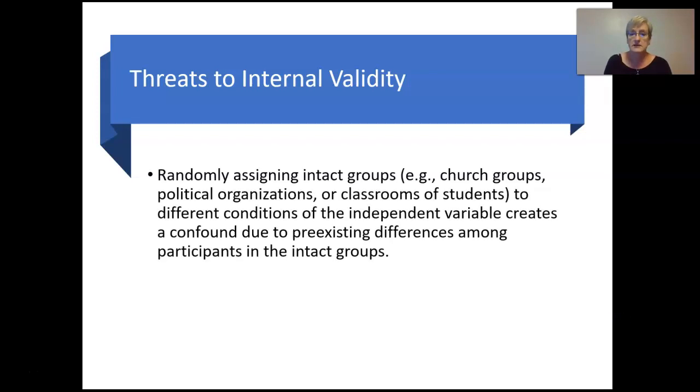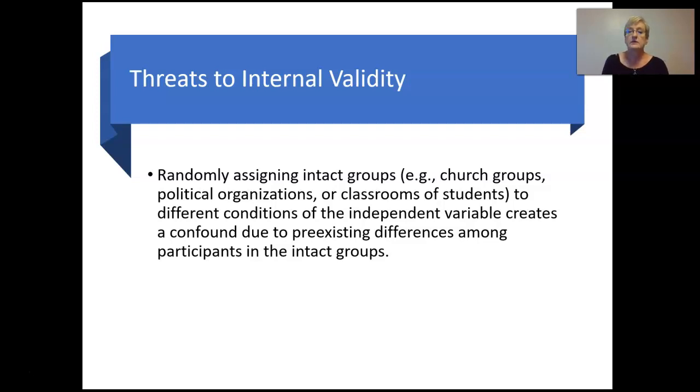In random groups designs, we have to be careful to avoid taking a group that already has a characteristic associated with it and then randomly assigning members of the whole group or portions of that whole group to a particular experimental group or a level of the independent variable.